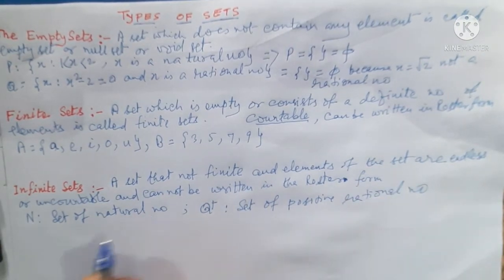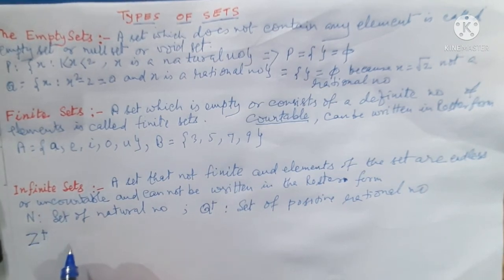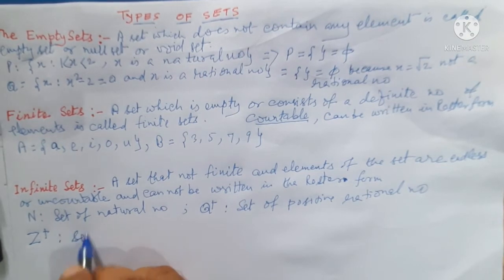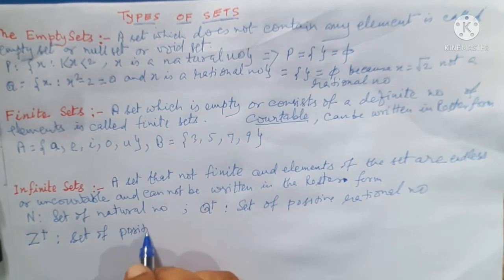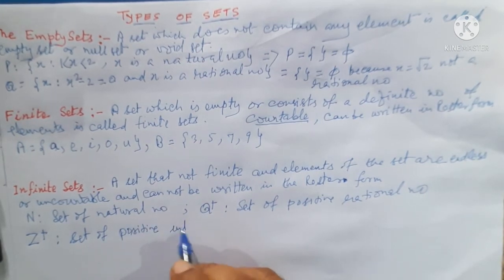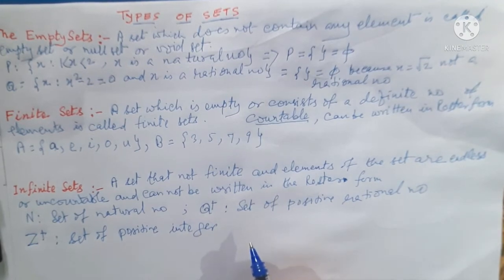Another example you can take is Z plus, the set of positive integers. Like that, there may be a lot of examples.